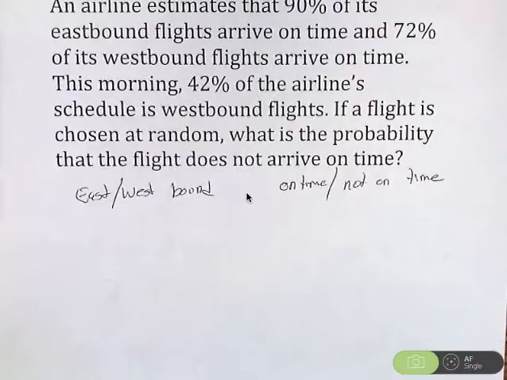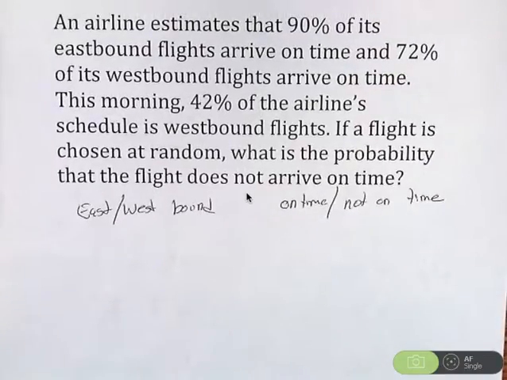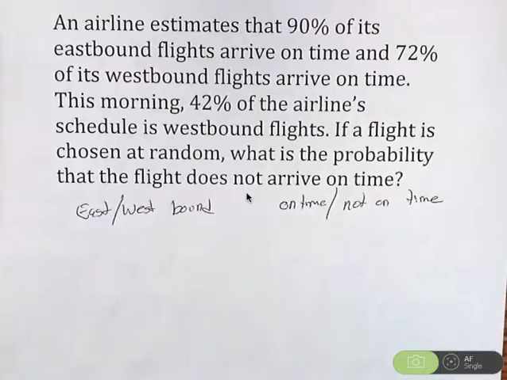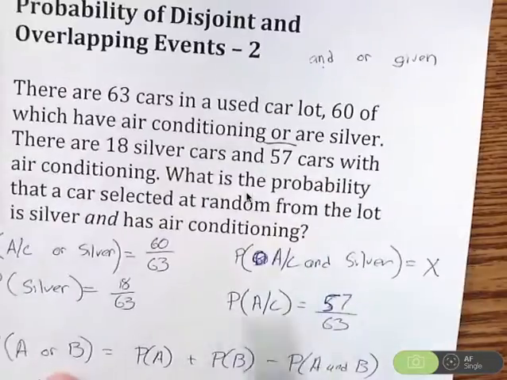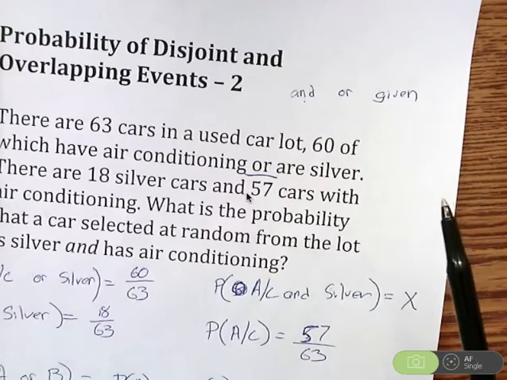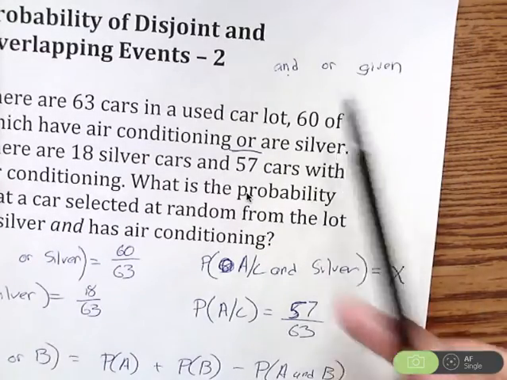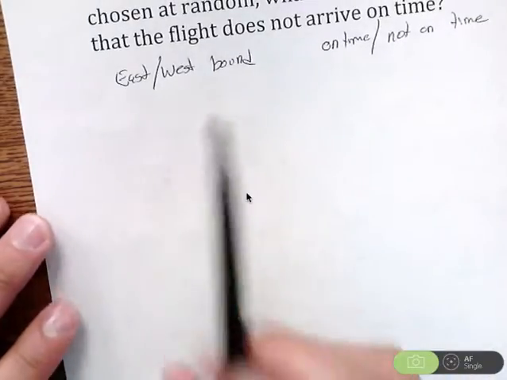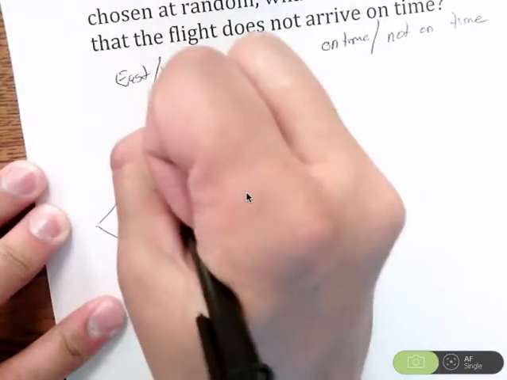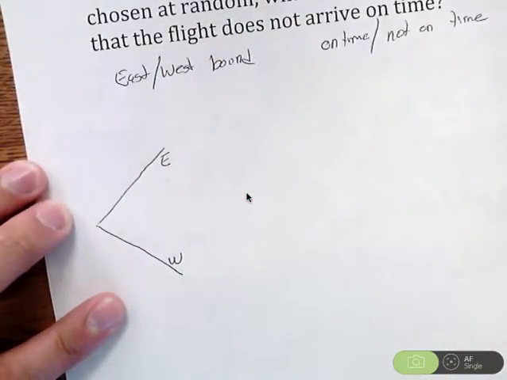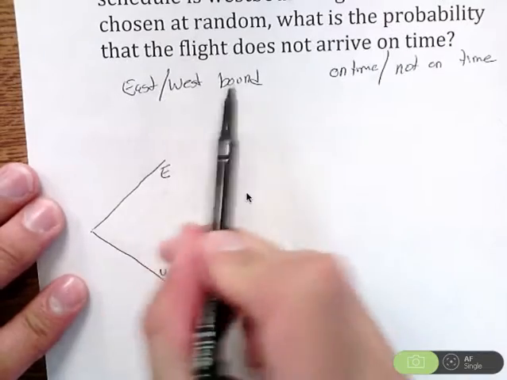What I'm going to do, and this helps with a lot of probability problems, is draw a picture. This one I'm going to draw a tree. On the ones where you have ands and ors, you can use Venn diagrams. This one doesn't work out well with Venn diagrams. So I'm going to make a tree. My branches split between east and westbound, so I'll write E and W, because those are the two categories they gave me.